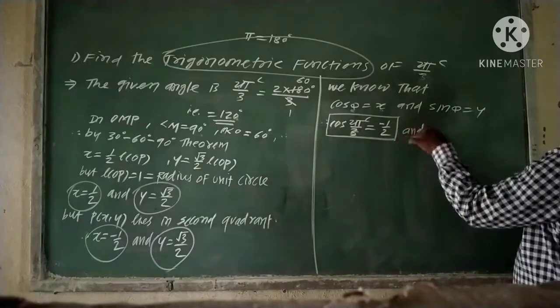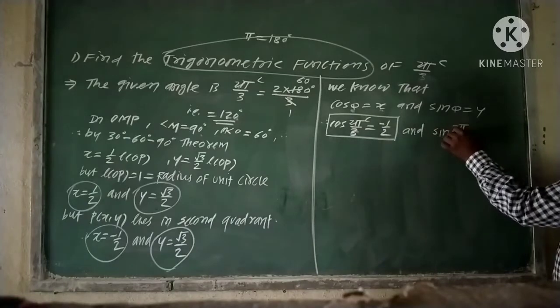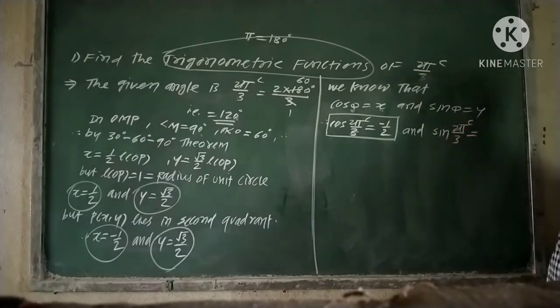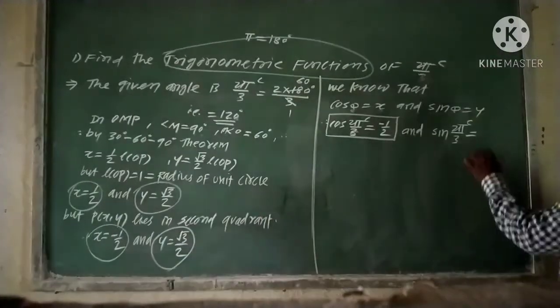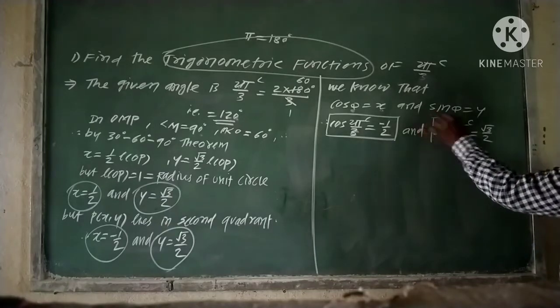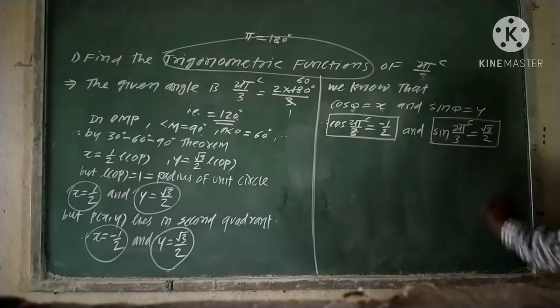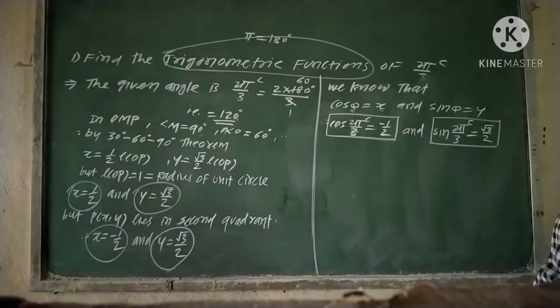And sine of theta, that is 2 pi divided by 3 radian, equal to y, the value of y is square root 3 divided by 2. This is the value of sine of 2 pi divided by 3.